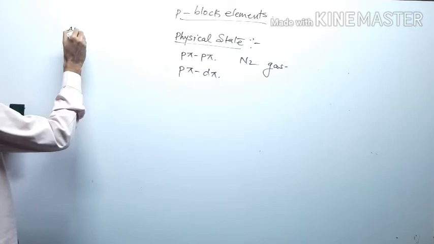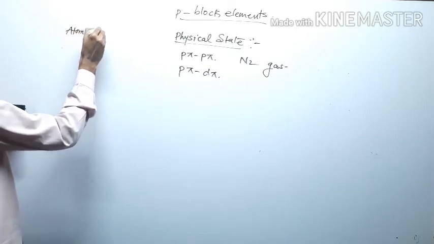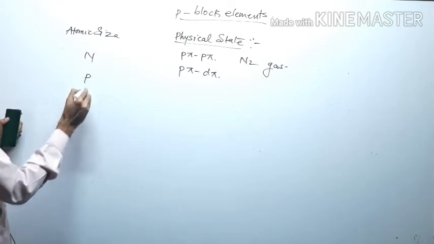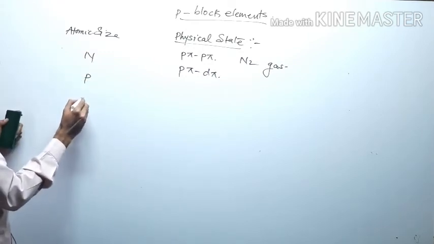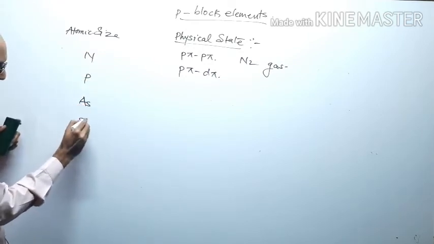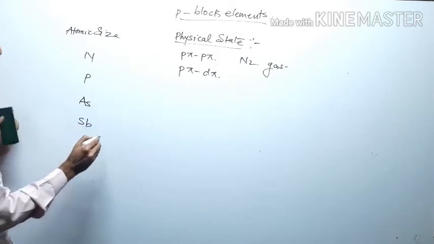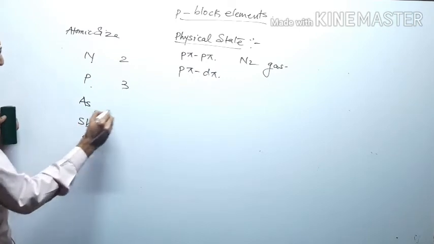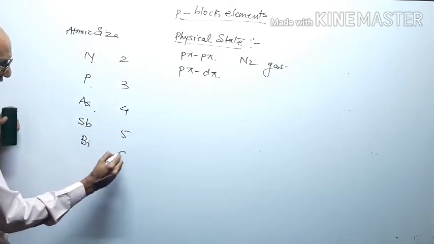Now the next point is atomic size. As you know, on moving from top to bottom, when we go from nitrogen, then phosphorus, then arsenic, then antimony and bismuth, what do you observe? Nitrogen contains only 2 shells. Here there are 3 shells, 4 shells, 5 shells and 6 shells.